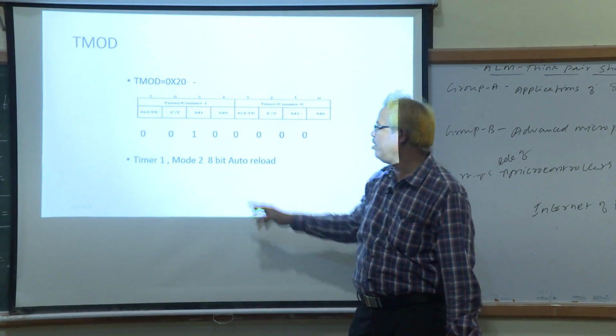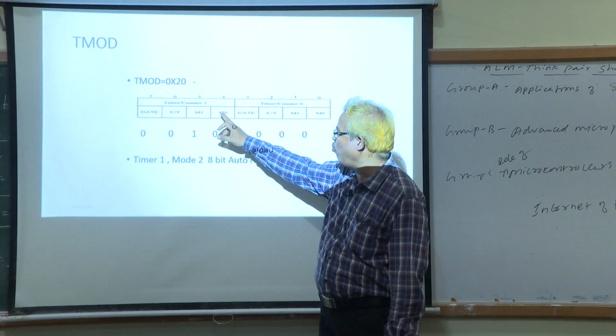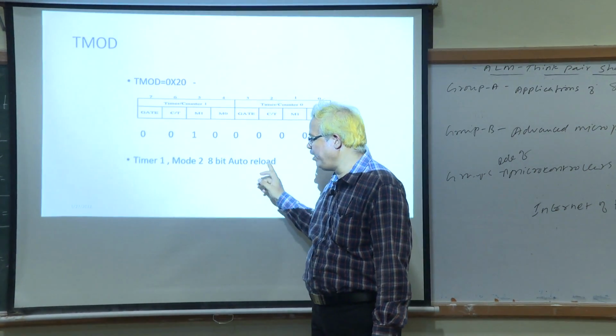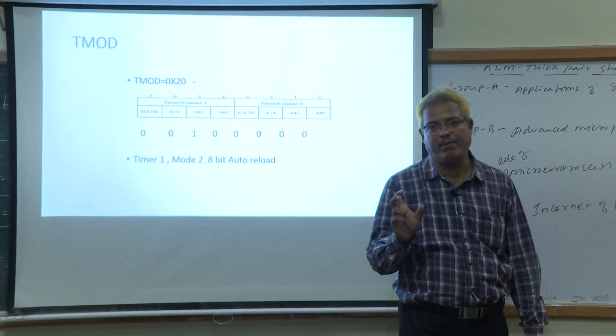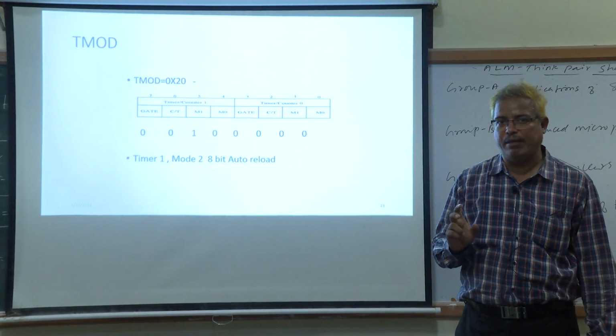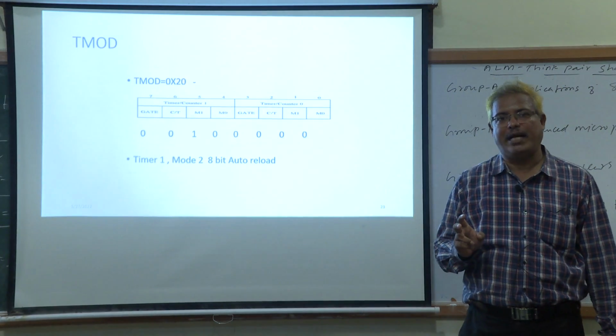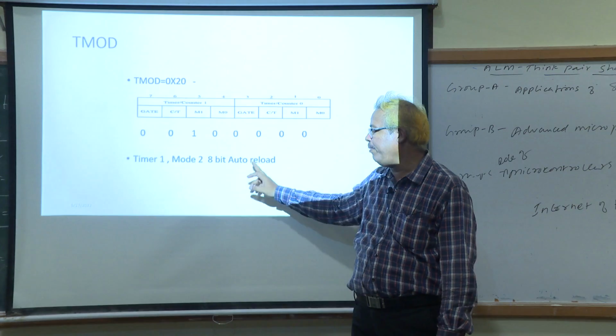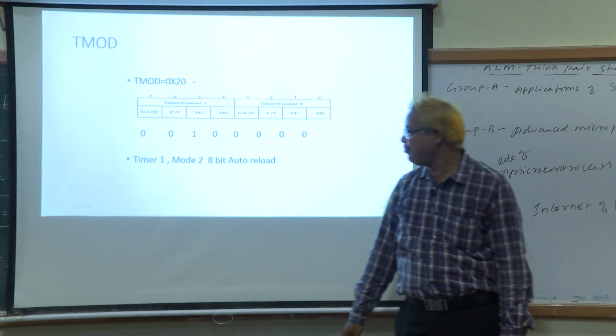Timer 1 is used here, 0010. Mode 2 means 8-bit auto reload, so the timer will be an 8-bit timer. Mode 0 is a 13-bit timer, mode 1 is a 16-bit timer, and mode 2 is an 8-bit auto reload timer, used here with timer 1.